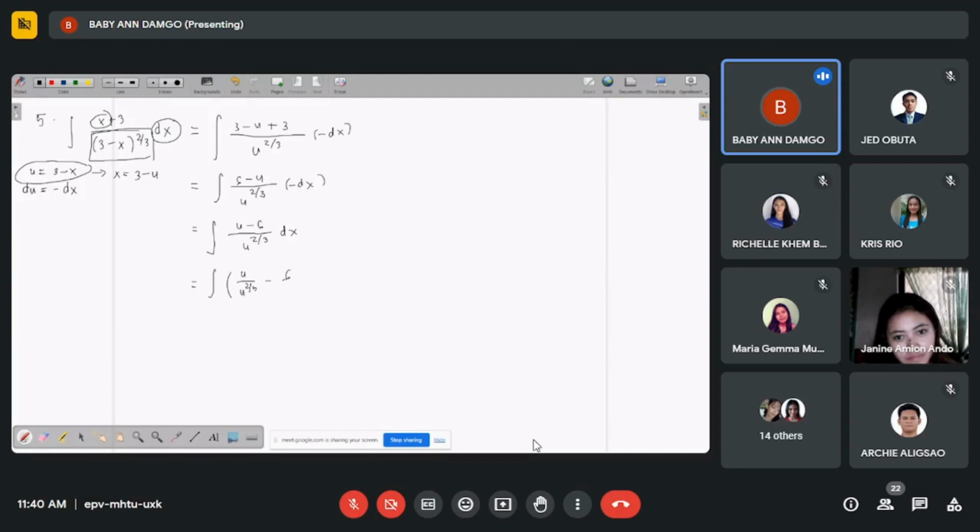So, this is equal to u to the power of 1 minus 2/3. Then we transfer the second term to the numerator, in which the exponent becomes negative. Ay, no. It's du. It's not dx.